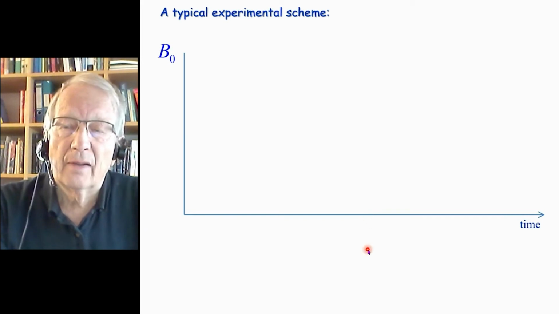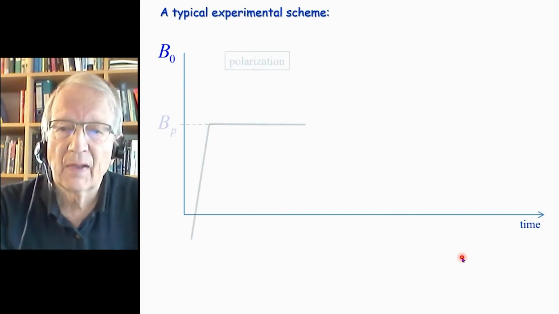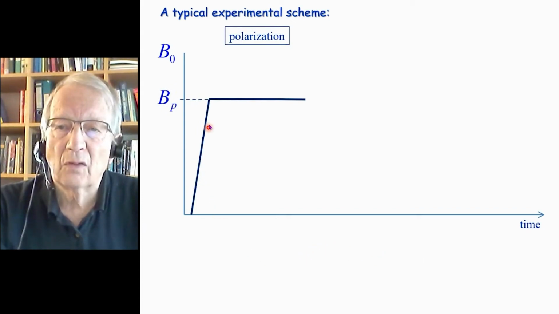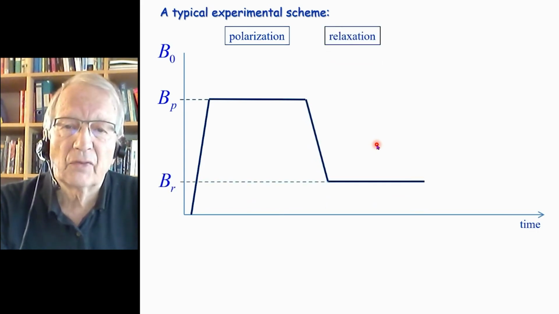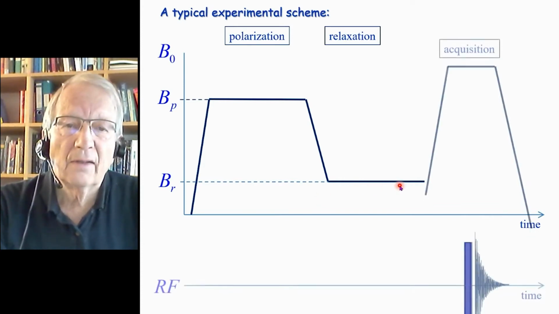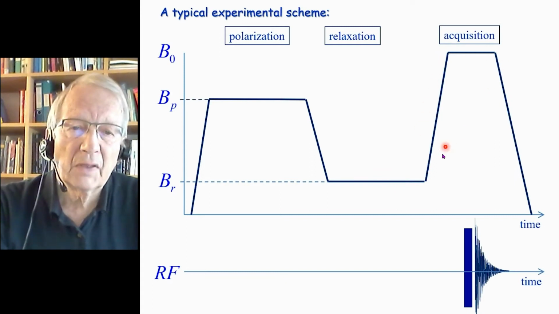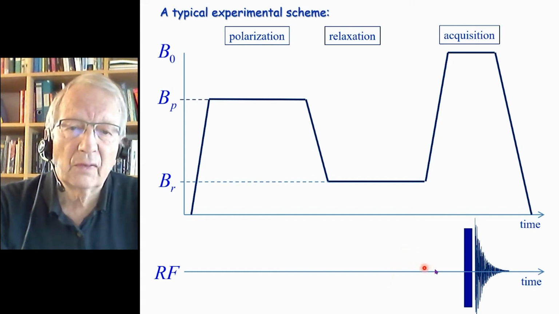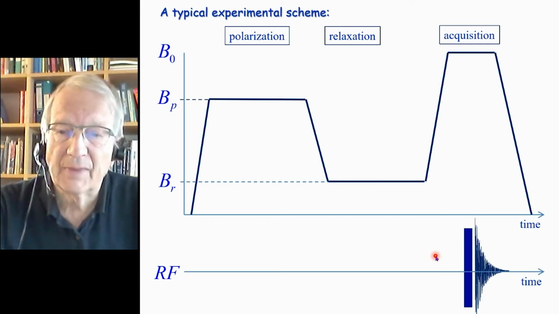Okay, have a look at the diagram where we plot the external magnetic flux density versus time. We first switch the field on to a certain polarization field level as high as possible. And then we switch the field down to a variable relaxation field. And then we switch back up to a high level where we can detect the signal with a 90-degree pulse or with an echo sequence.